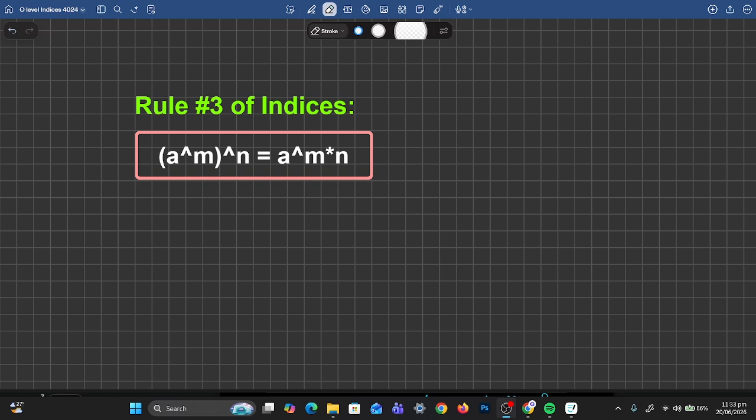So whenever we have a to the power m whole to the power n, this will become equal to a to the power m into n. The power will get multiplied with the inner power. So this is the third rule of indices.